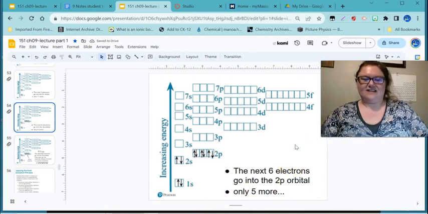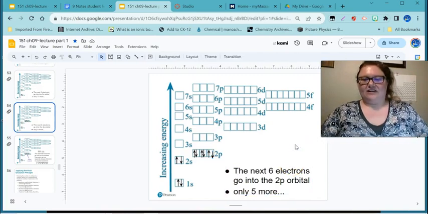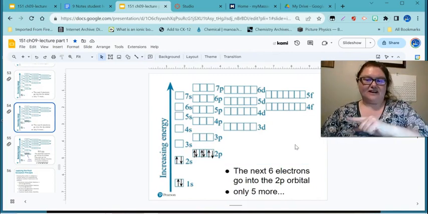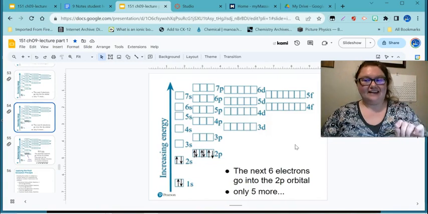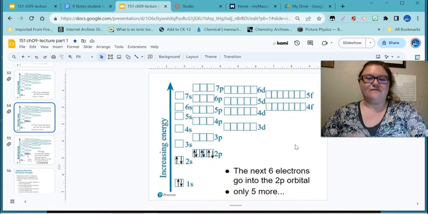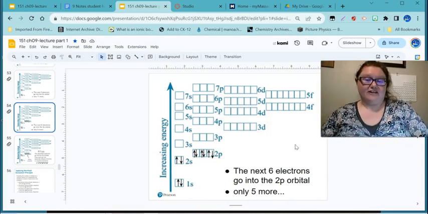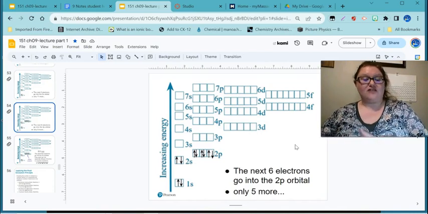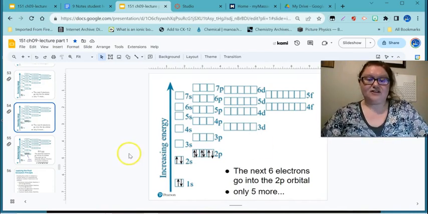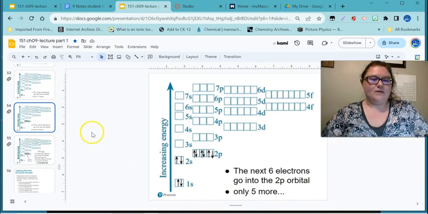If I just click off to the side here, that is what it looks like when you complete the 2p. They're in opposite directions, but notice when I was filling it, I put 1 in each orbital in the same direction first. If we weren't completing this 2p, we would leave some of them just pointing in the same direction with 1 to a box. But we're not done yet.